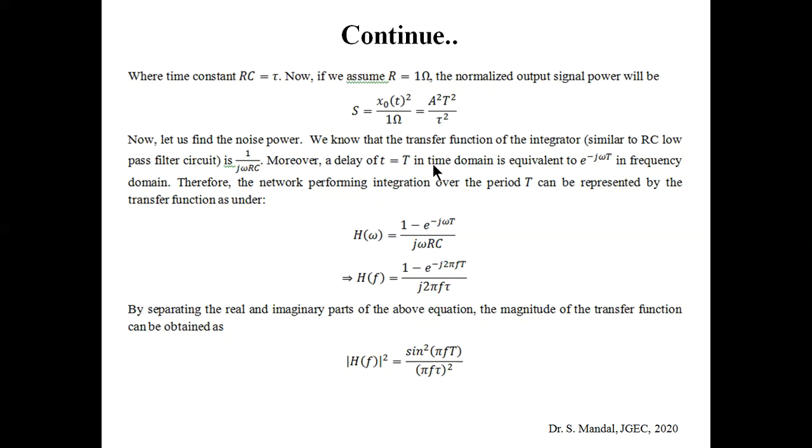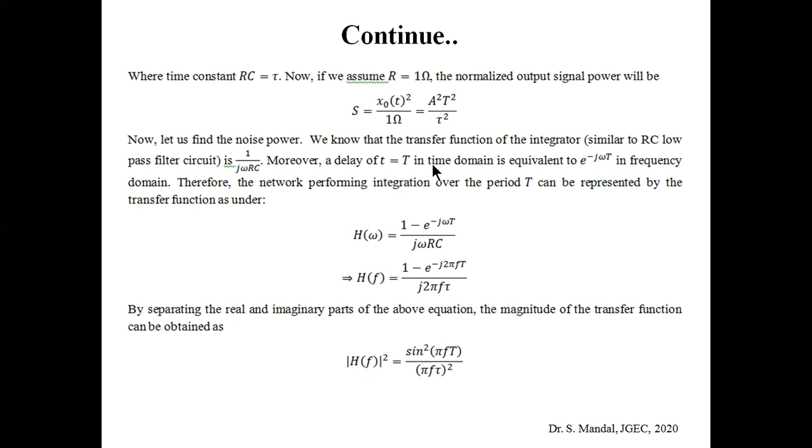So that is equivalent to e to the power minus j omega capital T in the frequency domain. Therefore the network performing the integration over the period capital T can be represented by the transfer function H omega equal to 1 minus e to the power minus j omega T divided by j omega RC.